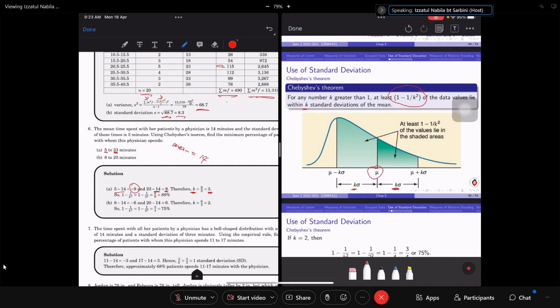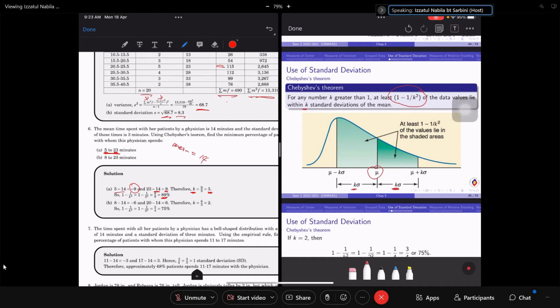When you calculate that in terms of percentage, it means that 89% of her patients spend around 5 to 23 minutes. So 89% of patients are within this range, 5 to 23 minutes.